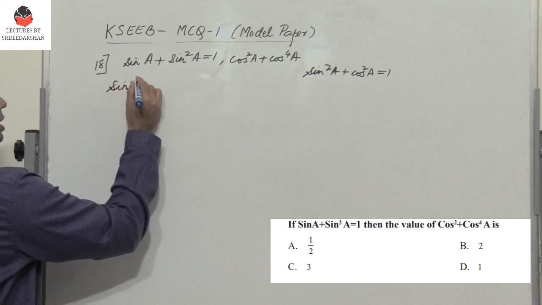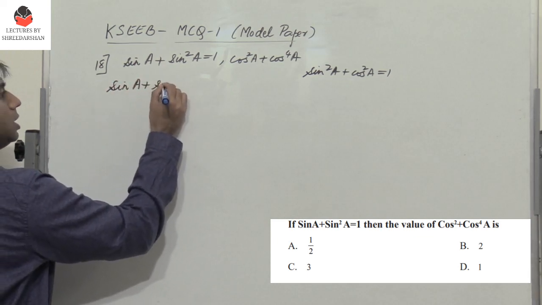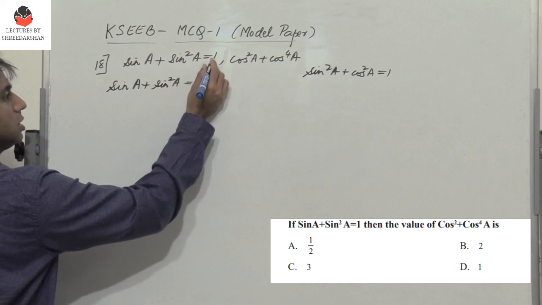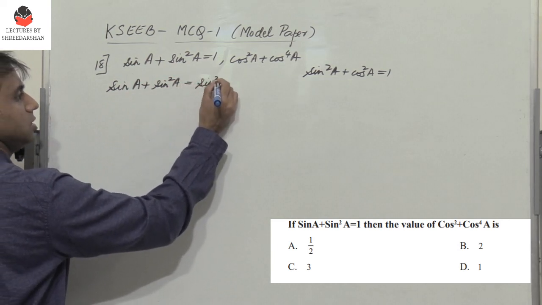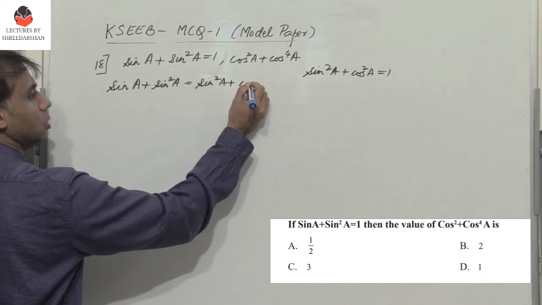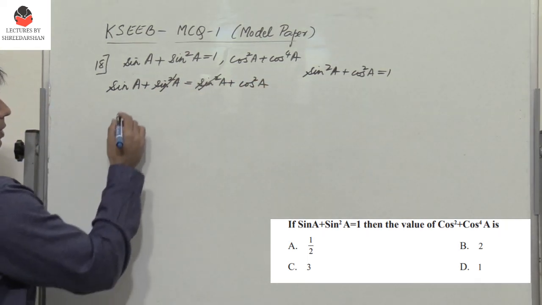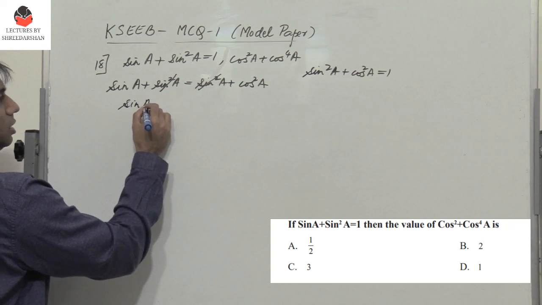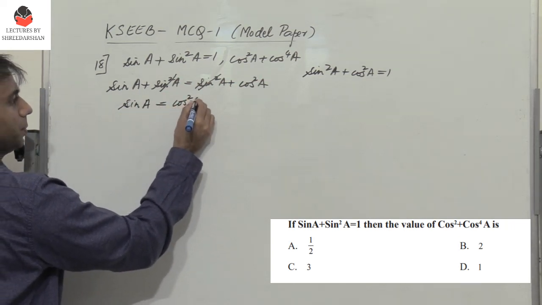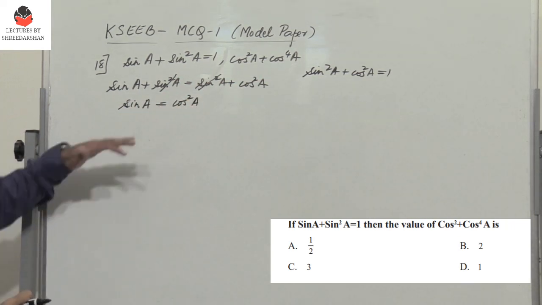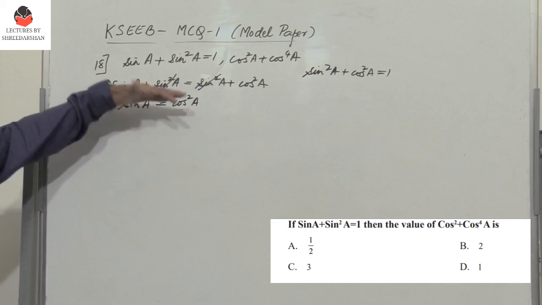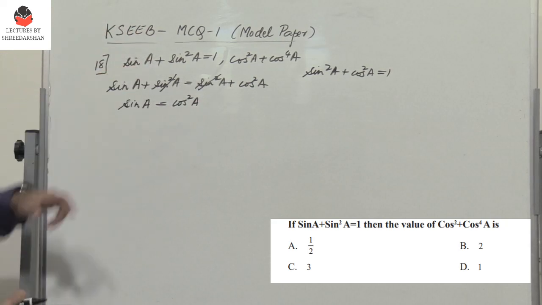So we have sine A plus sine square A equals, instead of 1 I'll write sine square A plus cos square A. Cancel sine square A, sine square A. So sine A is equal to cos square A. So wherever sine A is there, I will replace it by cos square A in this expression.